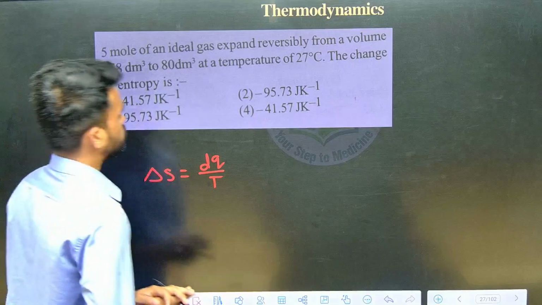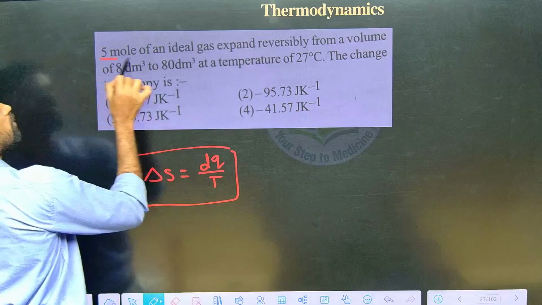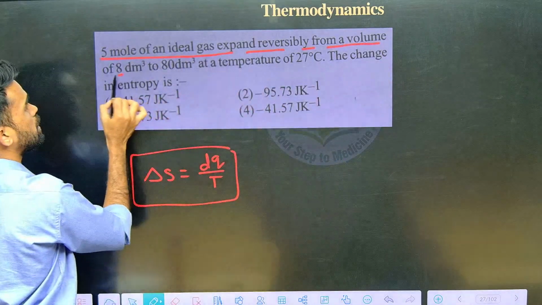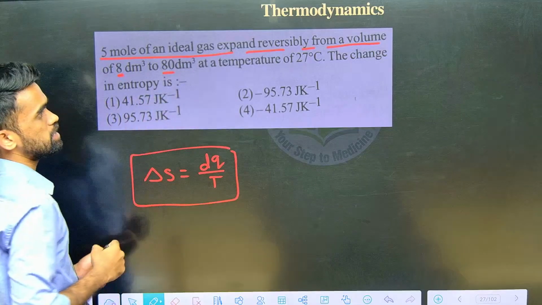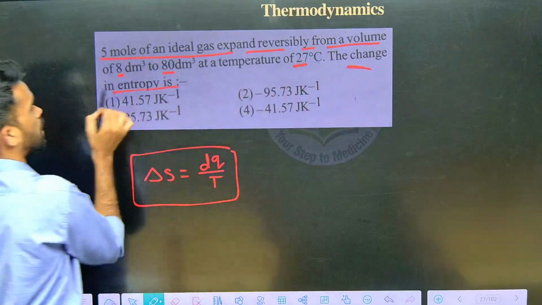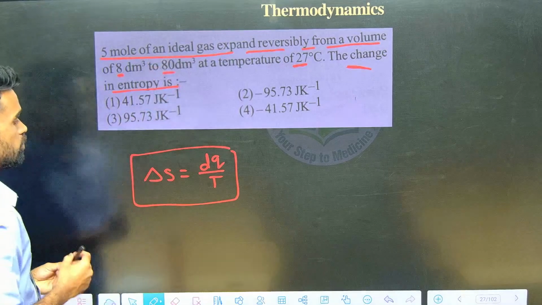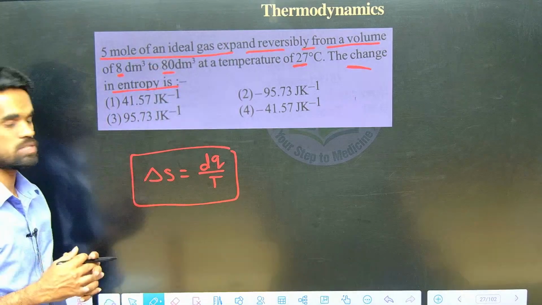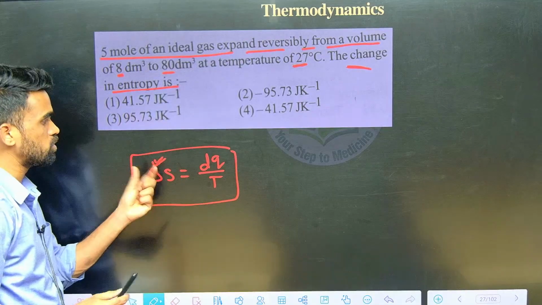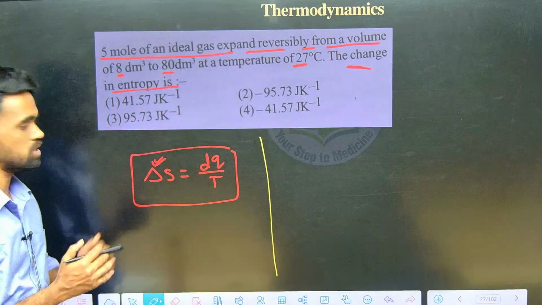Now here they are saying 5 moles of an ideal gas expand reversibly from a volume of 8 to 80 decimeter cube at a temperature of 27. The change in entropy is... first of all, for the same question we need to know how to calculate work done also. I will tell you a very easy way, you will get direct answers. But before that, I also wanted to explain work done for the same question.